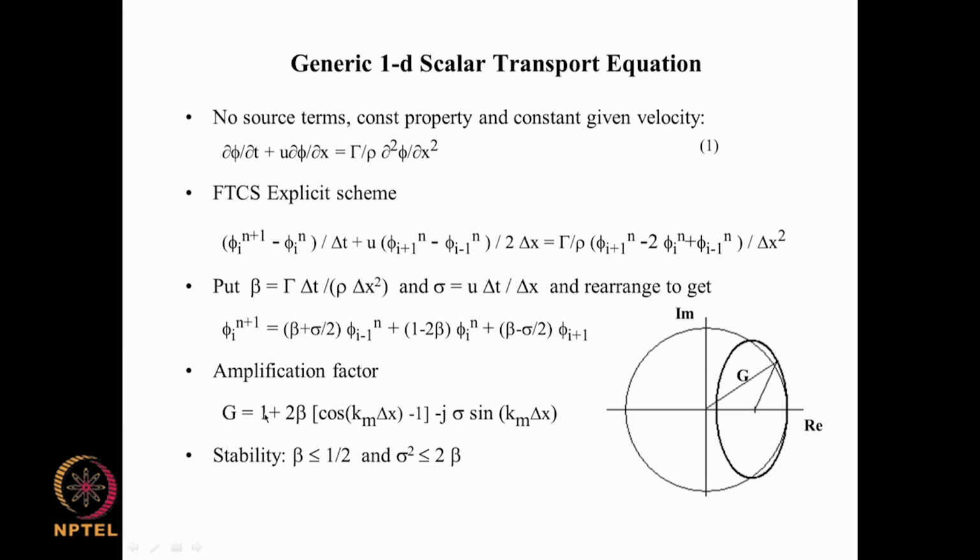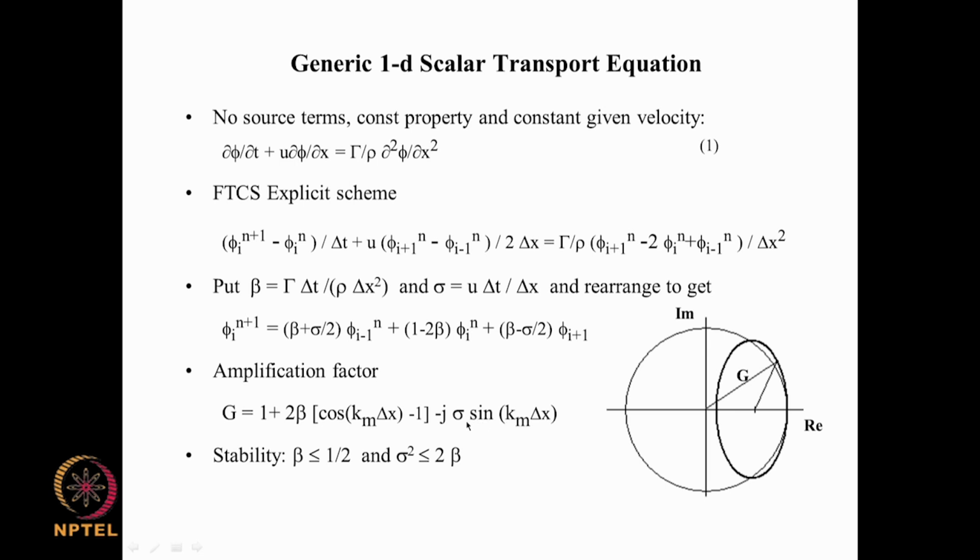You have g equal to 1 plus 2 beta times cos phi minus 1, minus j sigma times sin phi. Okay. So, we can evaluate the variation of g for different values of phi, because we know phi goes from 0 to pi as the wave number goes from 0 up to capital M in discrete steps.